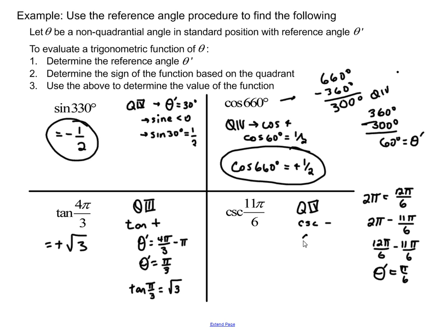Well, the cosecant of the basic angle of pi over 6 we found to be equal to positive 2 over 1. And since we're in the fourth quadrant, we'll say that the cosecant of 11 pi over 6 is negative because of our fourth quadrant orientation, and 2 because that is the cosecant of our reference angle. So the cosecant of 11 pi over 6 is negative 2.